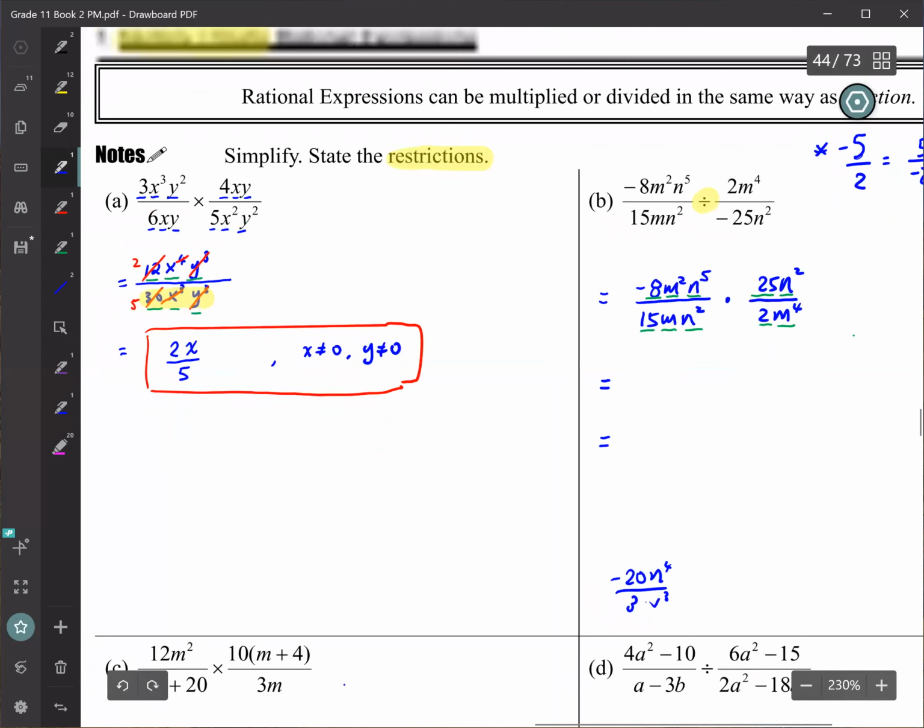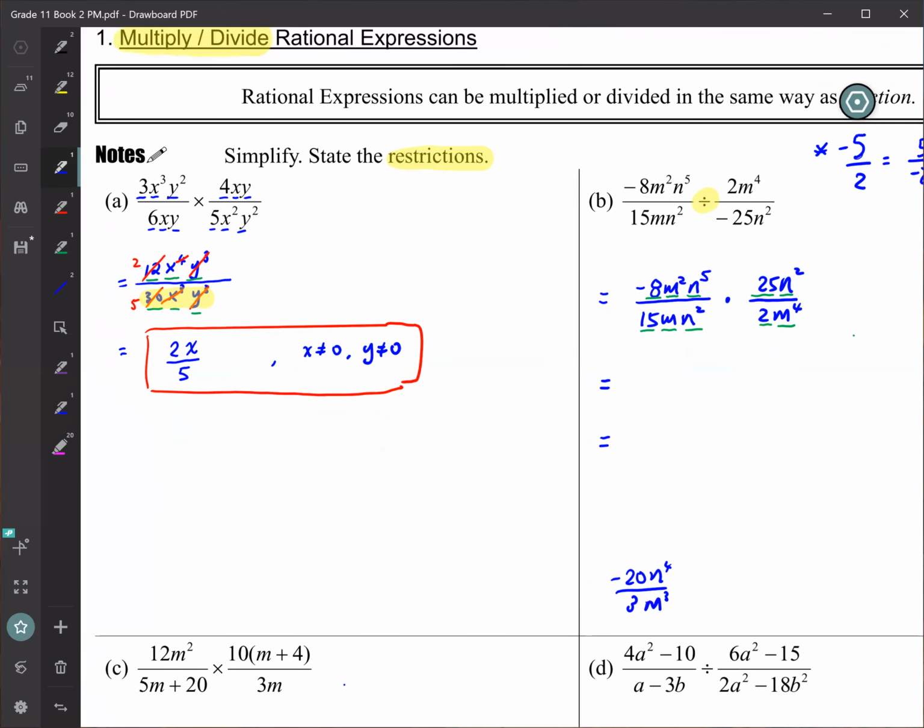Which side has more m, then you put it on that side. Oh, okay. So the 8m^2 and the 2m^4, the m^2 on the top would cancel, so it would just be m^2 on the bottom. Is that how it works? Okay, so you have m squared at the bottom.